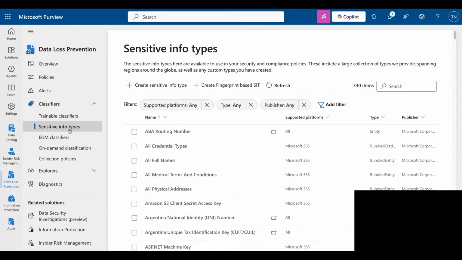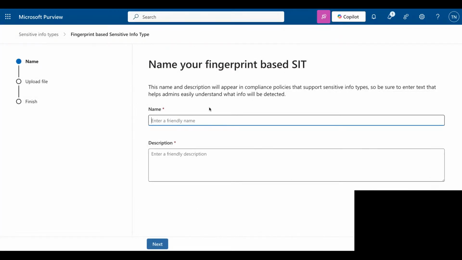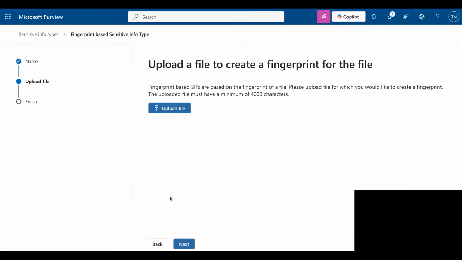Okay, sensitive info types. Yeah, here's the option. Create fingerprint based sensitive info type. Okay, I'm just going to give it a name and say birth certificates. I'm going to give it another name here, or description. Next. So it gives me an option for uploading.